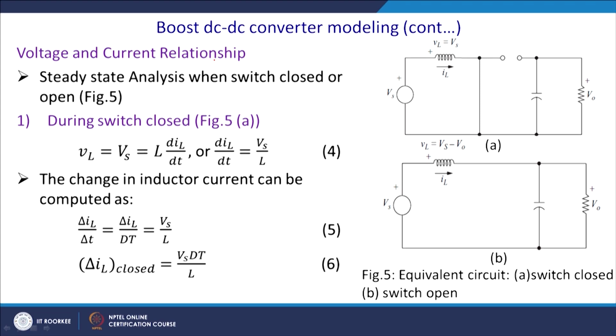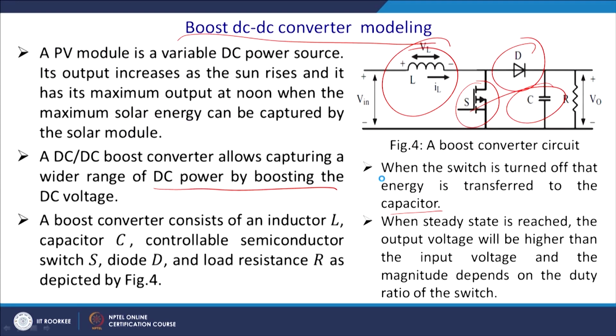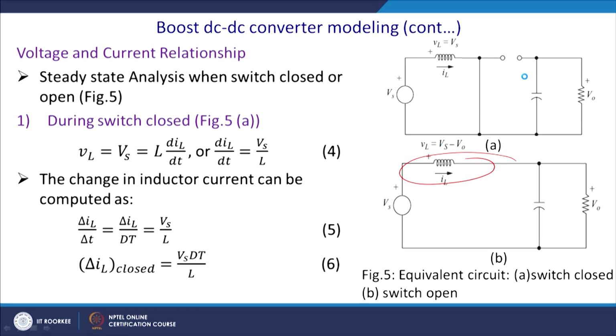Now, this stage is when the switch is closed and this stage is when the switch is open. Once the switch is closed, this point voltage is becoming 0 and this is higher, and thus this diode becomes reverse biased, and this is the duration when the switch is closed.